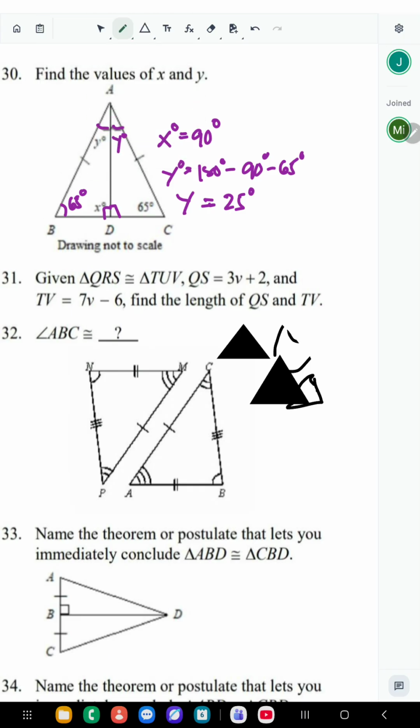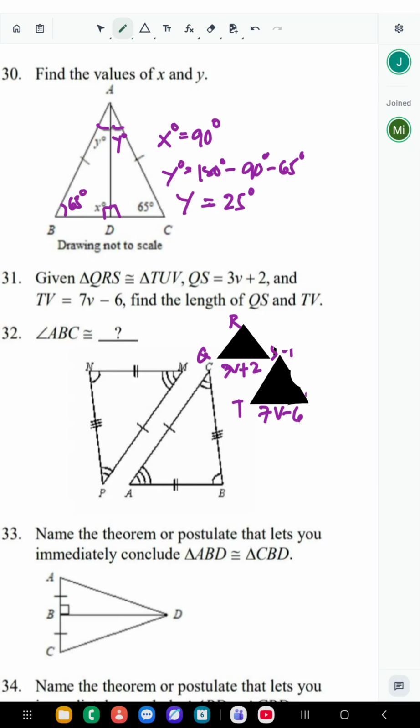So let's say this is QRS and this is TUV. They are congruent. And it says QS is 3V plus 2 and TV is 7V minus 6. Find the length of QS and TV.